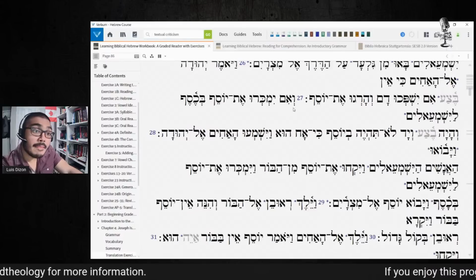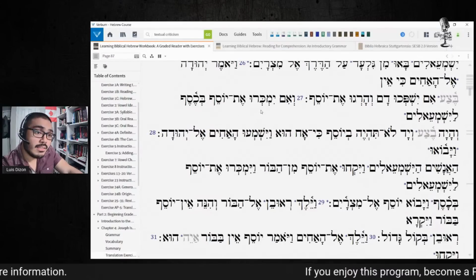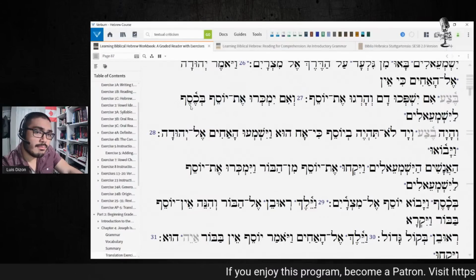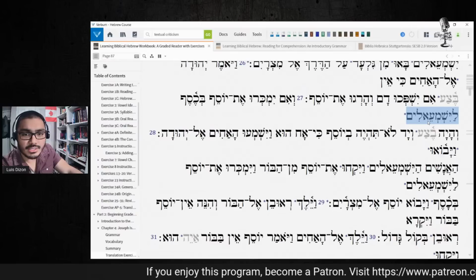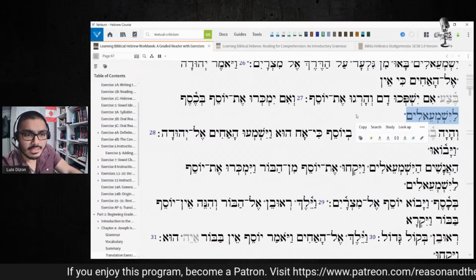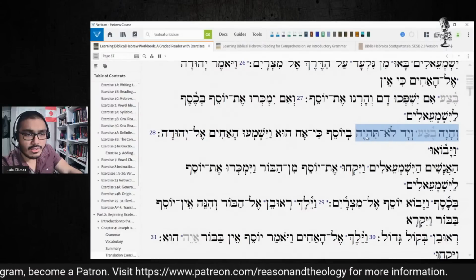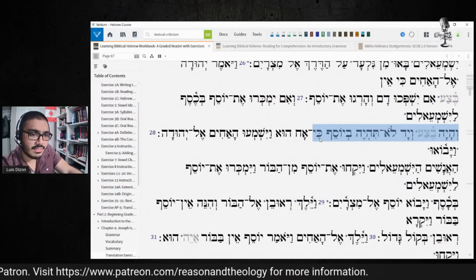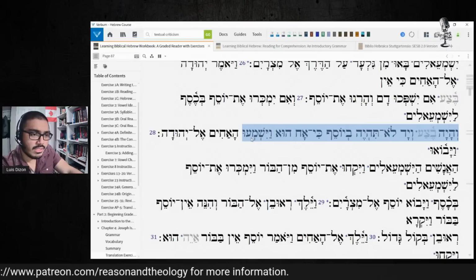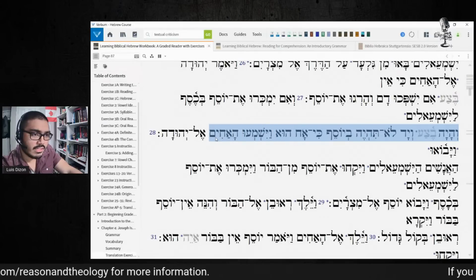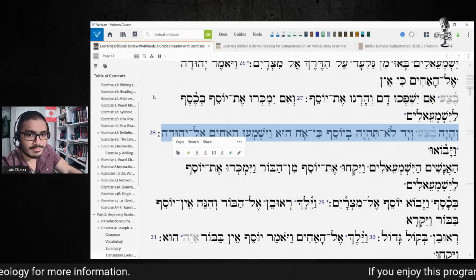Verse 27. Ve'im yimkoru et Yosef bekesef la Yishmaelim ve'haya betza ve'yad lo tihye ve'Yosef ki ach hu ve'yishma'u ha'achim el Yehuda.